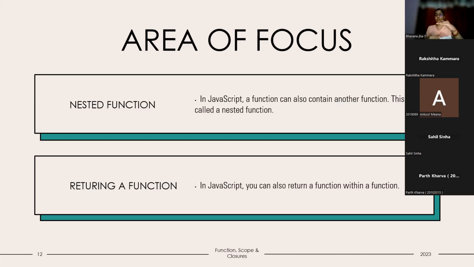Returning a function is when you create two functions like a and b, and you return the function, meaning return b. That is returning a function.